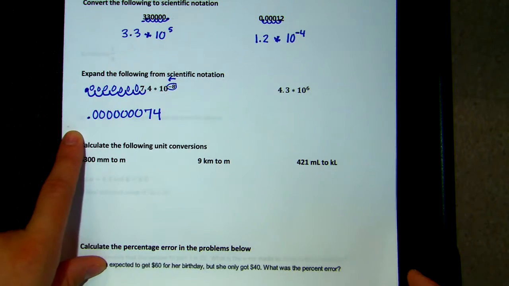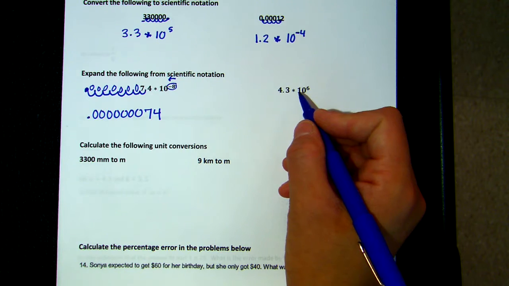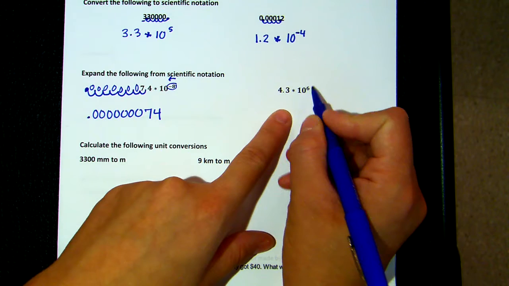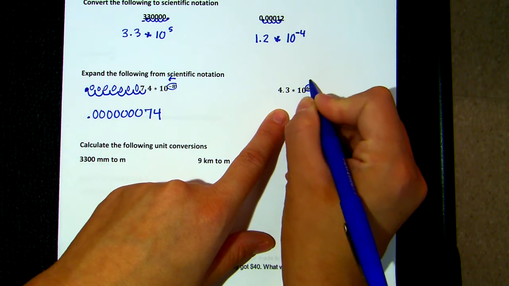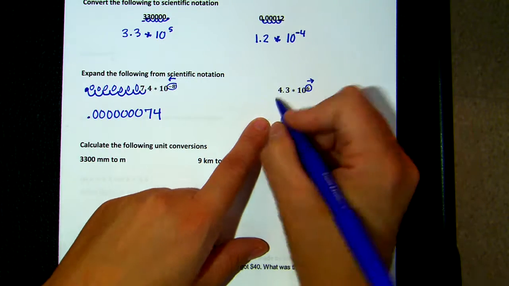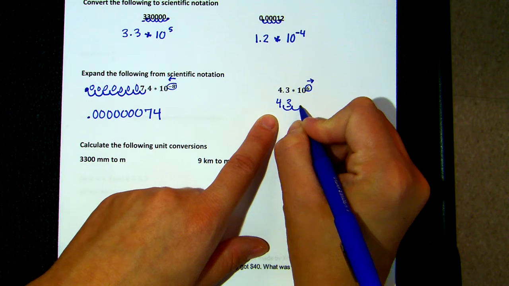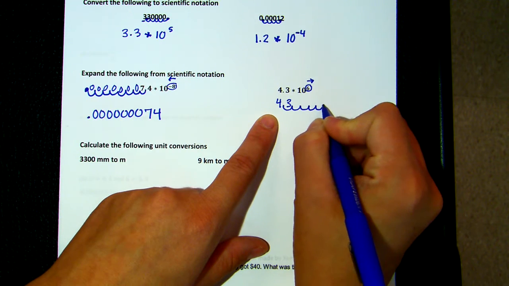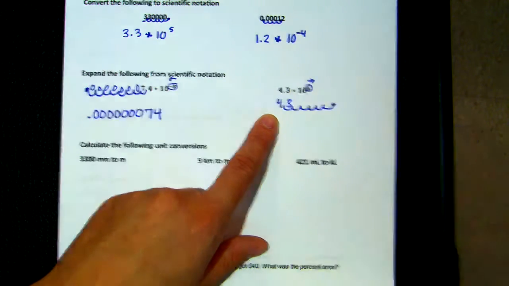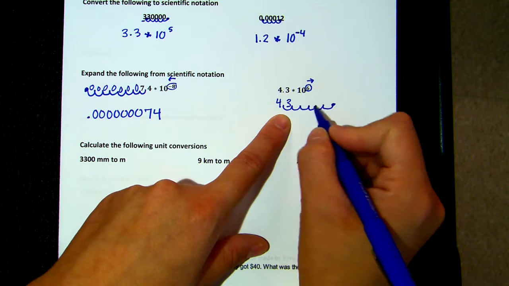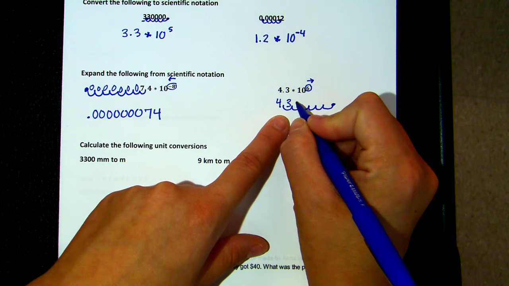Now this next one, I have 4.3 times 10 to the 6th. Okay, I see my exponent is positive, so I know I'm going to move my decimal point to the right. I'm going to rewrite this here. I'm going to move this 1, 2, 3, 4, 5, 6. There goes my new decimal point. And any of those blank spaces, I'm going to write a 0.